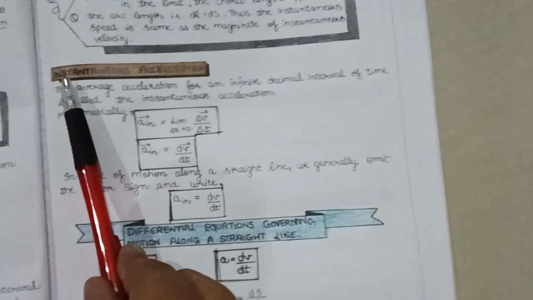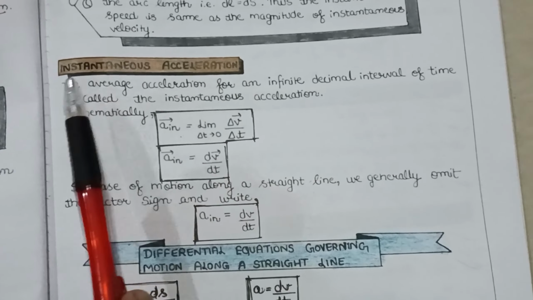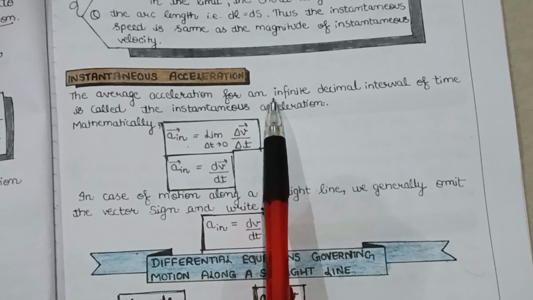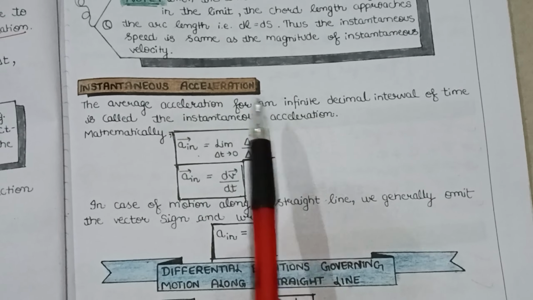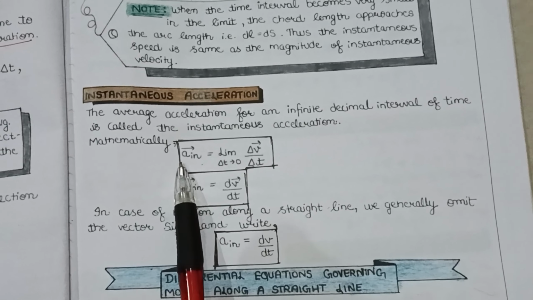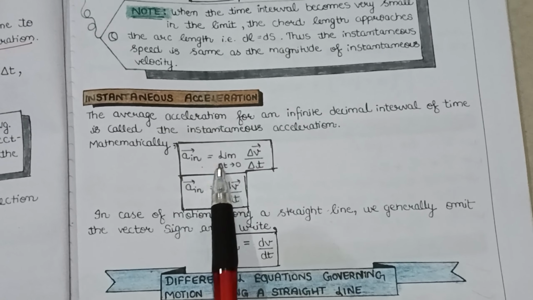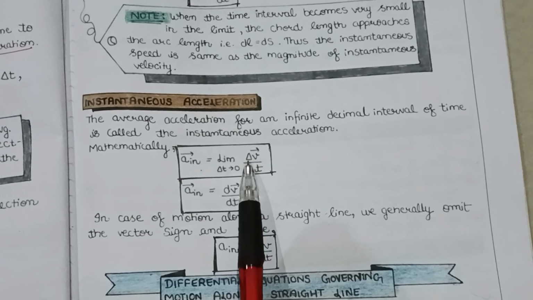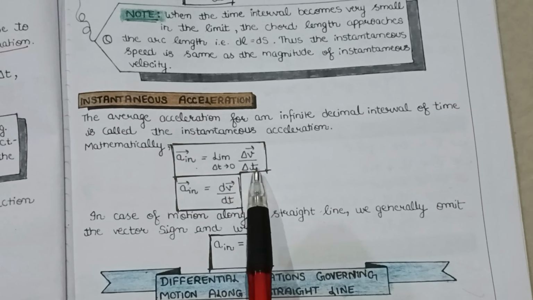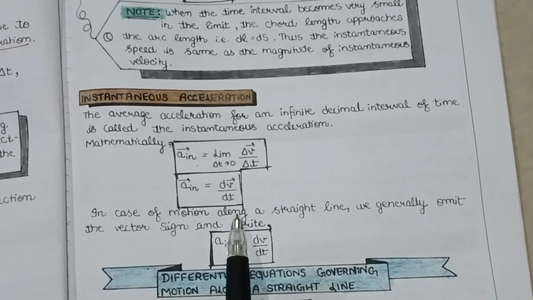Now we will learn about instantaneous acceleration. The average acceleration for an infinitesimal interval of time is called the instantaneous acceleration. Mathematically, instantaneous acceleration vector is equal to limit delta t tends to 0 of delta v vector upon delta t, or instantaneous acceleration vector is equal to dv vector upon dt.